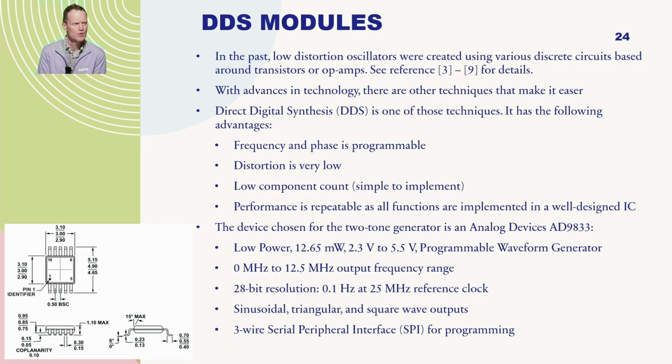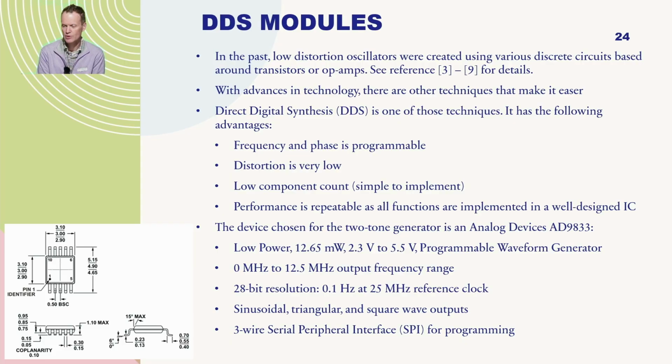So the part I ended up using was the Analog Devices AD9833, which is a low power 2.3 to 5.5 volt programmable waveform generator. It's really a relatively low frequency device, so it's perfect for this application. The low power wasn't particularly important to me, but it could be for some applications. It can generate up to 12.5 megahertz, and it's got 28-bit resolution. That means you can tune it to within 0.1 of a hertz at a 25 megahertz clock.